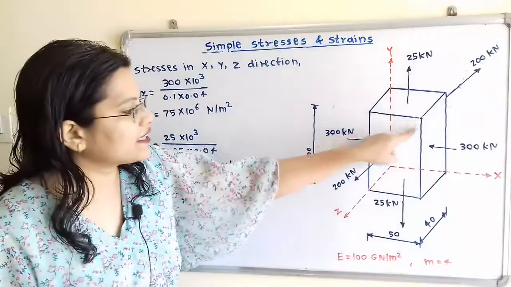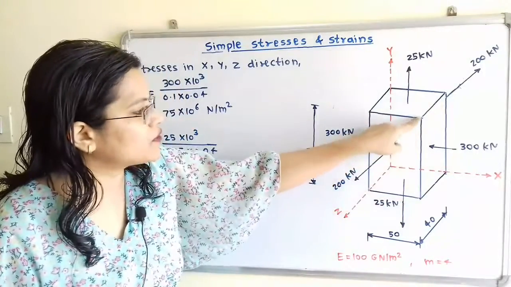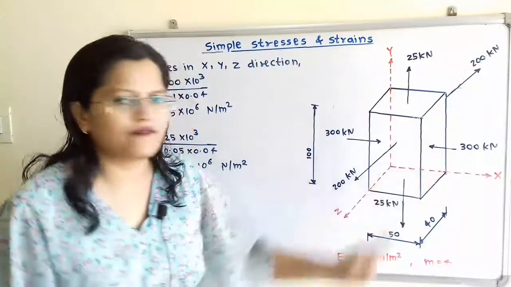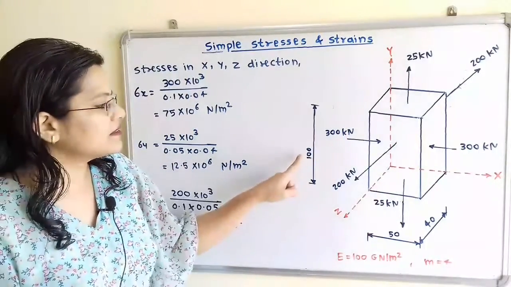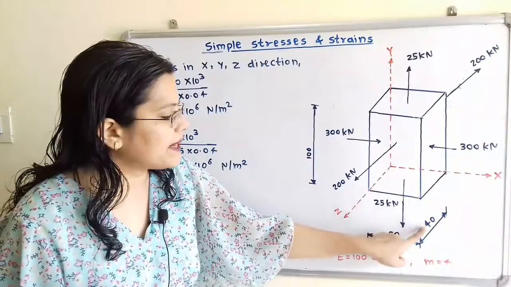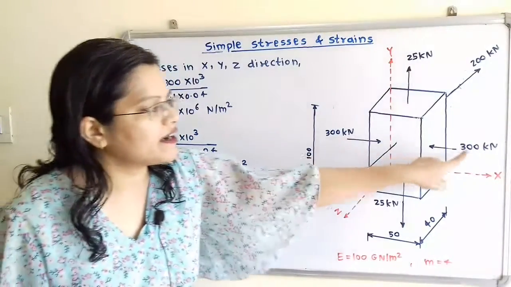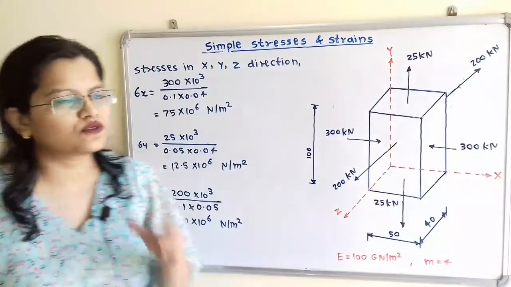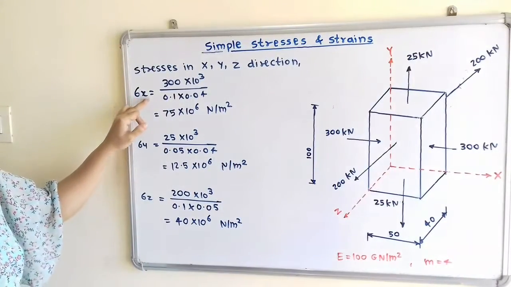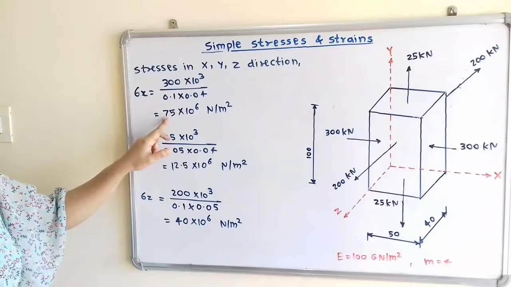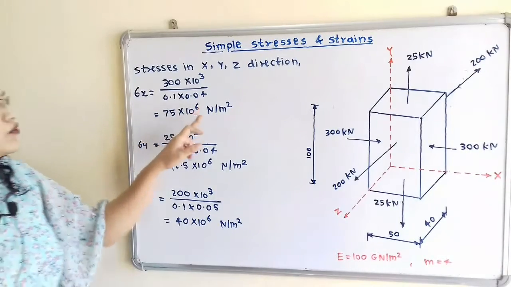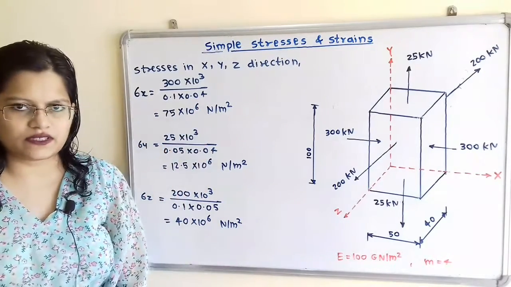What is the area of this face? That is length multiplied by width. So we will take 0.1 multiplied by 0.04, and force is 300 multiplied by 10 raised to 3 Newton. So we calculate sigma x is equal to 75 into 10 raised to 6 Newton per meter square.